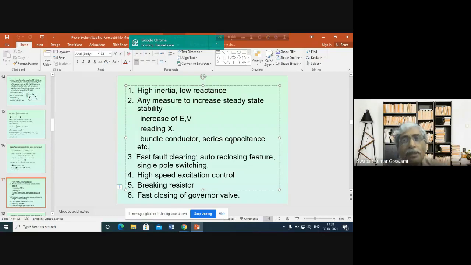Because of the presence of the series capacitor, this capacitor may form a resonating circuit in the system with the inductance of the system. The inductance is already there and the capacitor is there. Because of the flow of some harmonic current, there may be formation of series resonance.